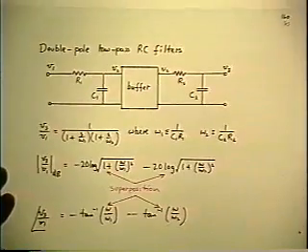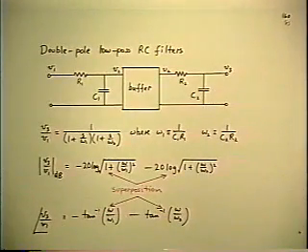Now, I mentioned reasons why we choose double log scales for magnitude and single log scales for phase. It's because of this vertical inversion property. The same reasons, in fact, carry over into something else, which is cascaded transfer functions.